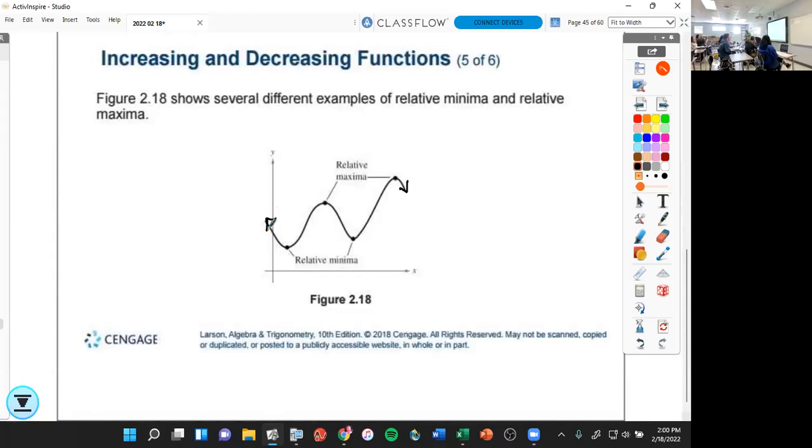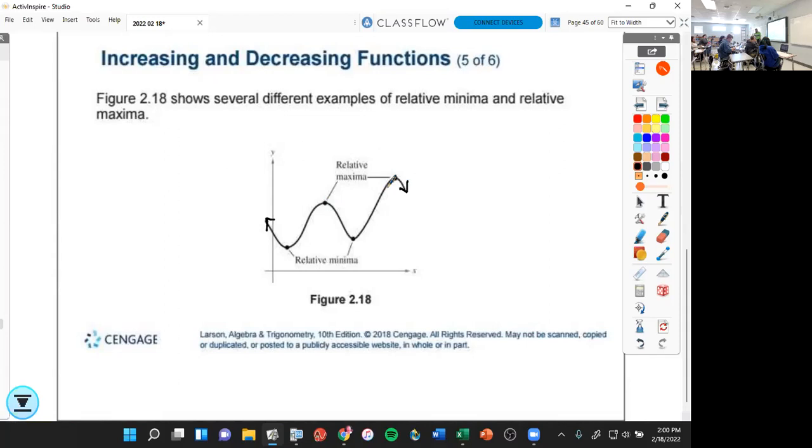Noticing this graph, a relative maximum exists right here, which means the points close to it are all lower than that point. At this point here, I also have a relative maximum. The points close to this point are all lower than it is. Does that make sense?